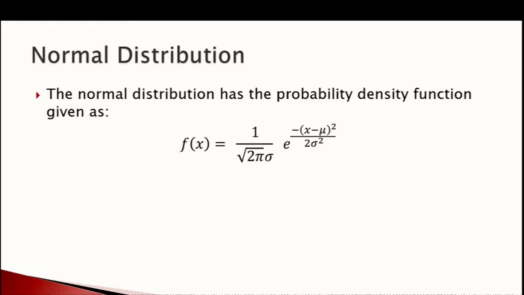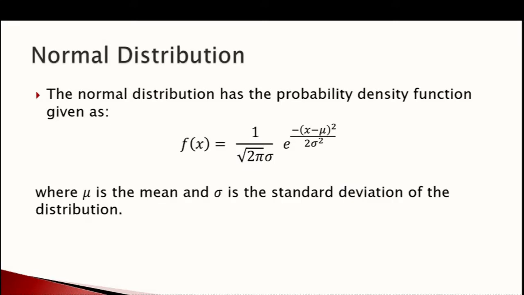This formula looks quite complex, and you indeed cannot integrate it to get a closed form expression, so we don't have to pay too much attention to complex approaches. I introduced it so you can see how a normal distribution can be represented in formula form, where mu is the mean and sigma is the standard deviation of the distribution.